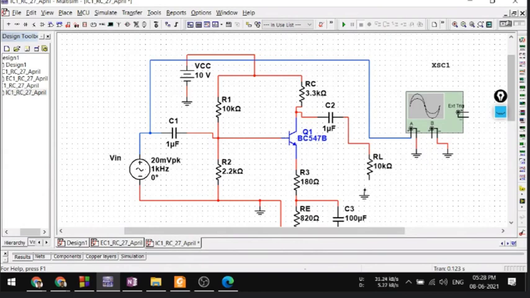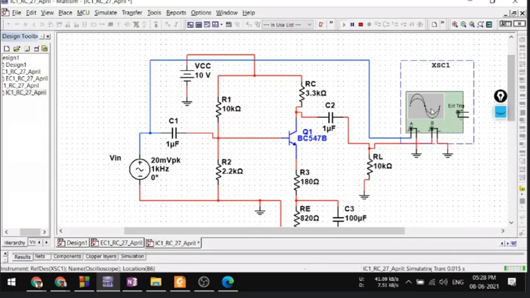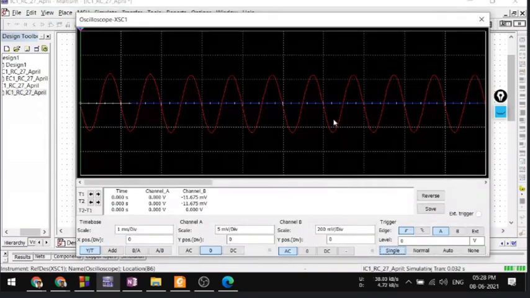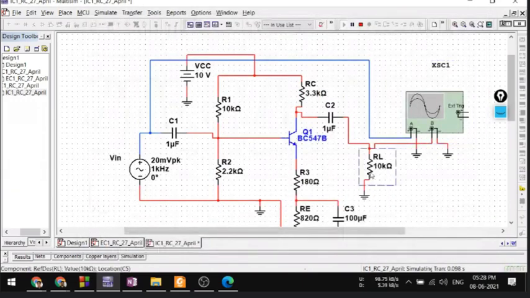You will get the same effect, only the output will reduce slightly, but you still get almost equal positive and negative peaks. So RL is optional, but since it is connected in the book, you can go with it.